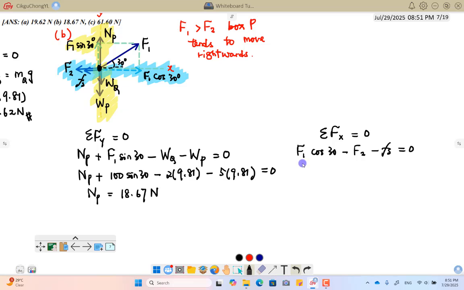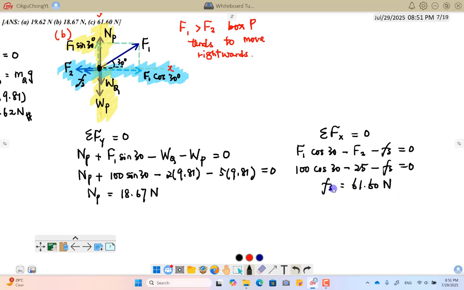So put in the values. F1 is 100 cos 30, minus the value of F2, which is 25, minus Fs equals 0. Solving with a calculator, we get the static friction to be around 61.60 Newton. How about the direction?